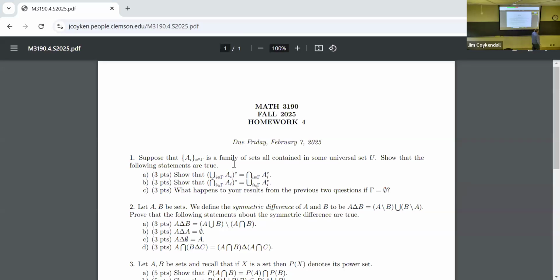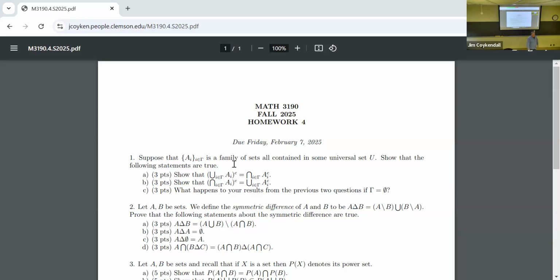I can draw a picture of this, although this does not constitute a proof of anything. If this is A and this is B, then A minus B is this, and B minus A is this. And when you put them together in union, this is called the symmetric difference.